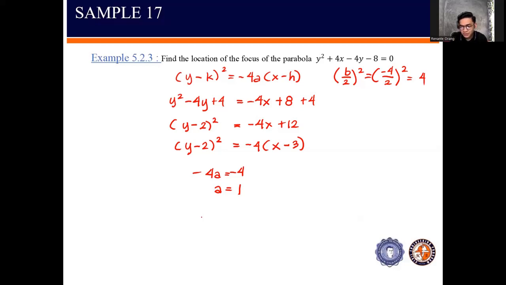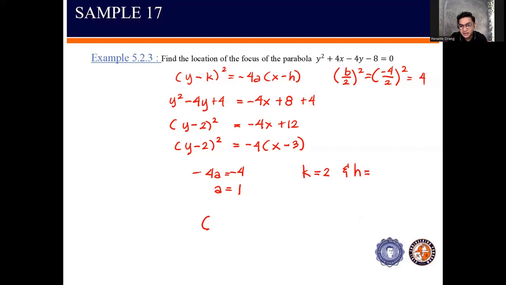Kumbaga. So, ilagay natin dito yung ating, di ba, take note, this is our k, negative 2. Then, again, kabaliktaran siya, no? Ang ating k dito is, pag eto negative 2, therefore, isusulat natin is positive 2. And then, for this one, sa ating h natin is equivalent to negative 3.